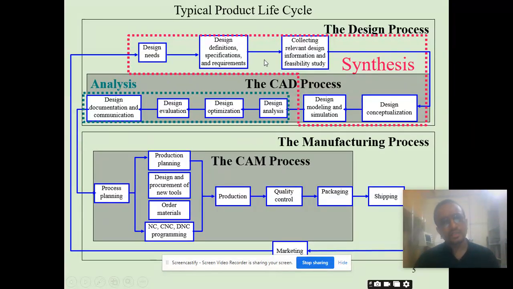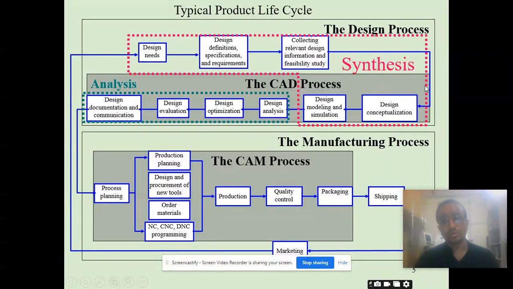Second, design the definition, specification, and requirement for designing the particular product. Then third one, collecting the relevant design information and feasibility study. So this is more important. Feasibility study means whether this product is feasible to produce in a mass quantity or in a custom quantity, that needs to be found out in this phase.